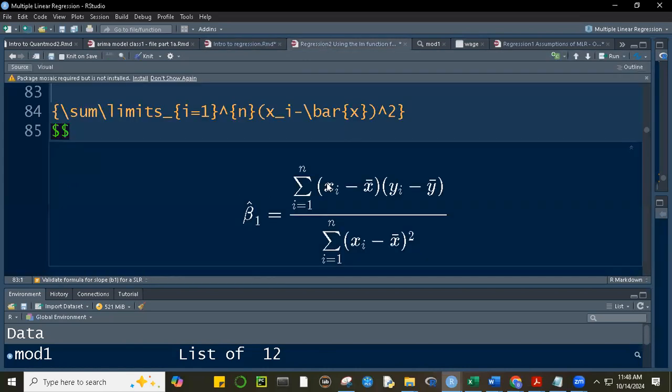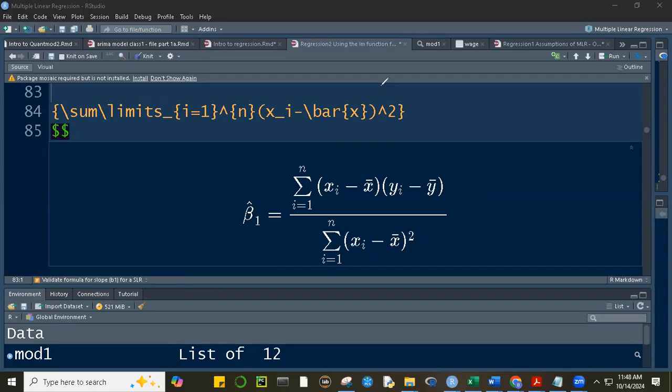This, no? These are the individual values of education minus the average, then cross-multiply it with the individual values of hourly wage, centered on the mean, minus the mean. Okay, then we sum up all of those. And then for x alone, x minus x bar squared. Actually, class, just to show you, class, this one is divided by n minus 1. No?